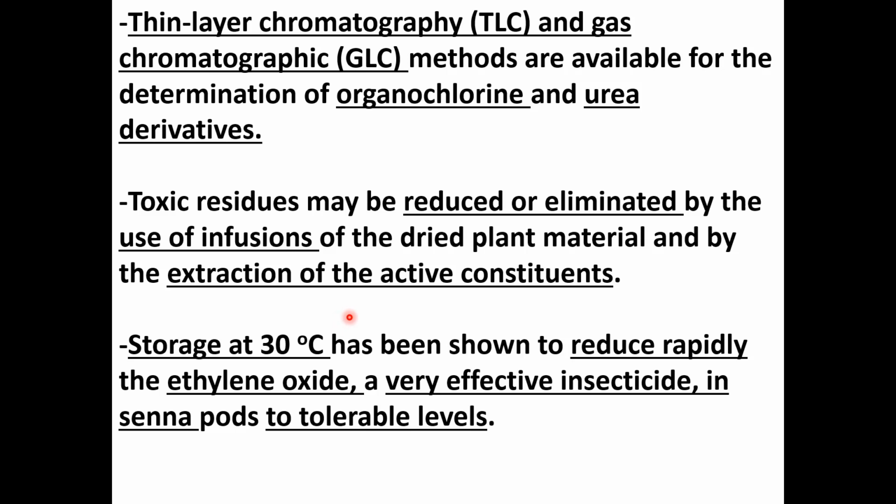Also, the presence of toxic residues can be avoided by extraction of the active constituents. It was found also that ethylene oxide, which is a very potent bactericide and insecticide agent, and also very toxic because of its conversion to ethylene chlorohydrin, can be reduced by storage at 30 degrees centigrade.